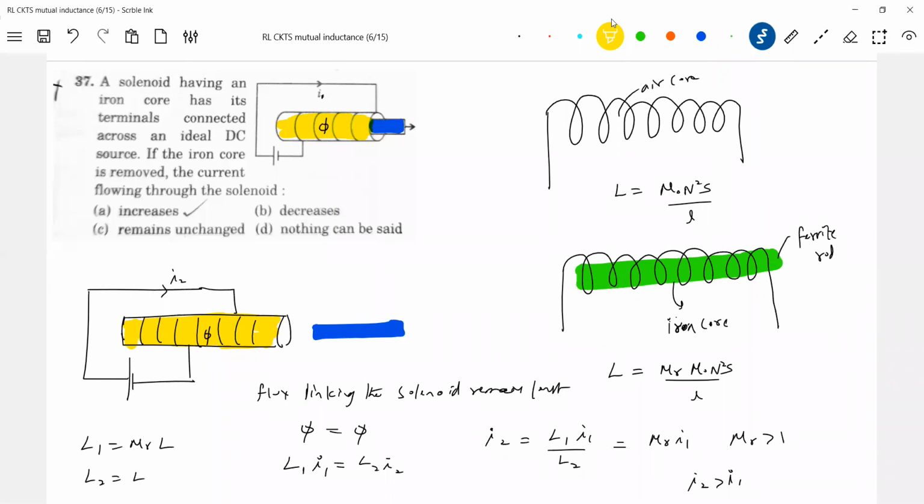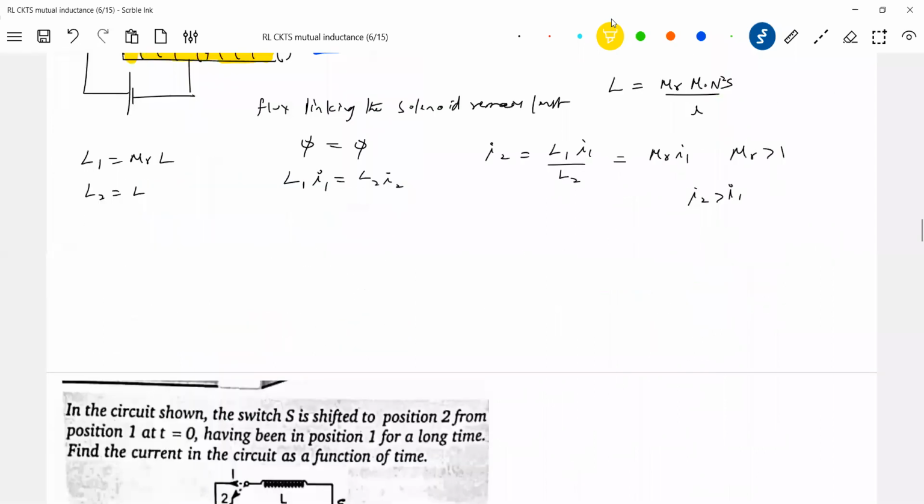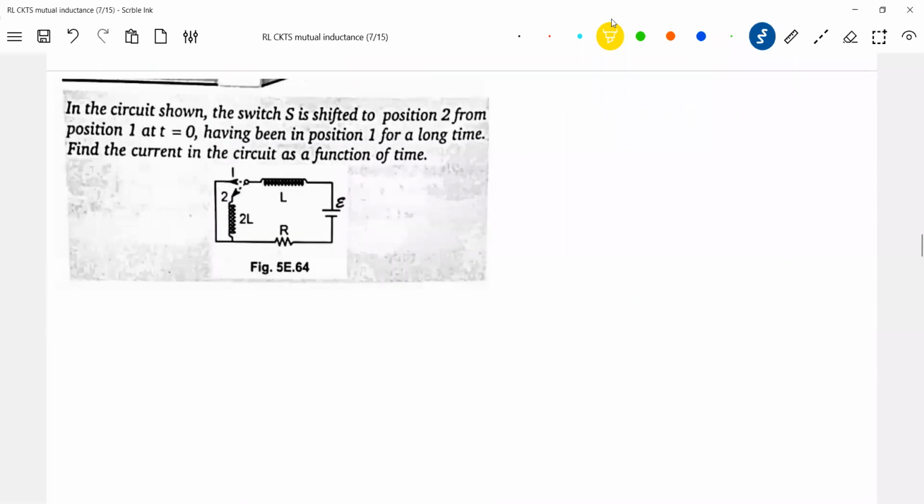When the iron core in the solenoid is removed, self-inductance will decrease. If you insert the iron core, self-inductance will increase. The flux cannot vanish abruptly, meaning suddenly. The flux linking the solenoid will remain the same. The same similar idea I'm linking with this.